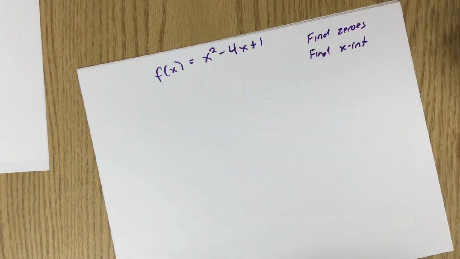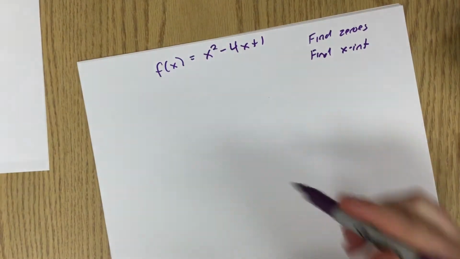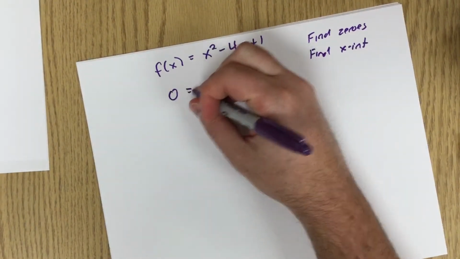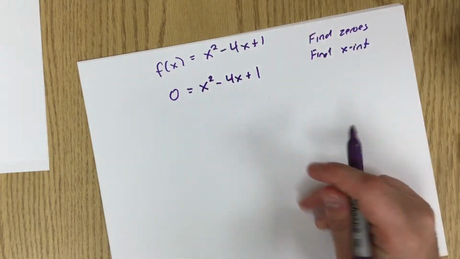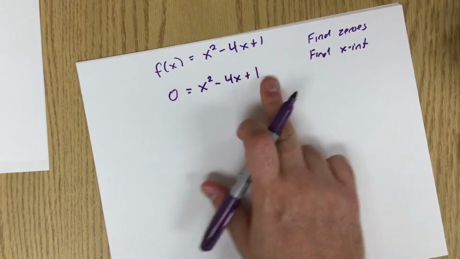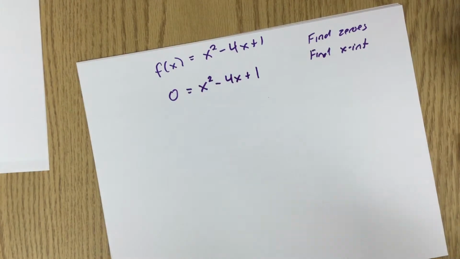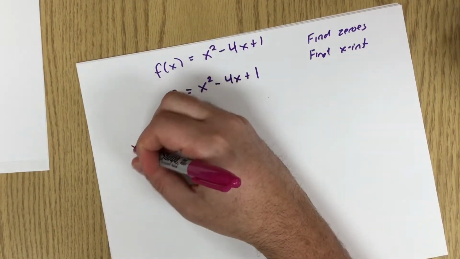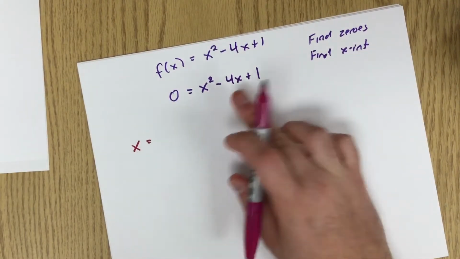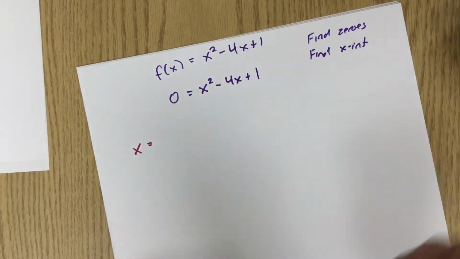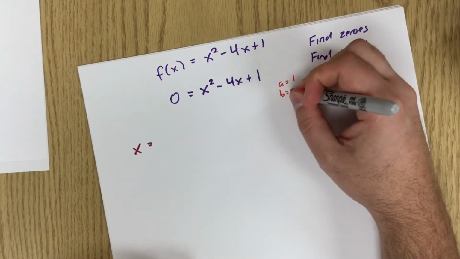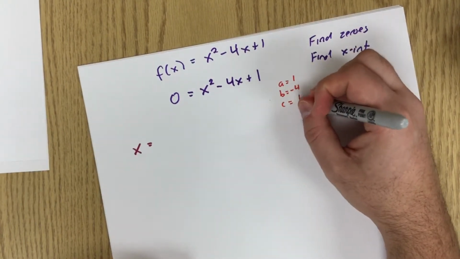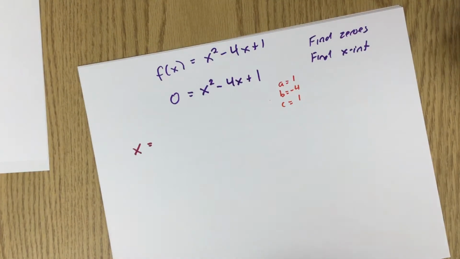How do you find x-intercepts? What we do is we make f of x equal to 0. So 0 equals x squared minus 4x plus 1. Now we have something in the form ax squared plus bx plus c equals 0, so that means we could use the quadratic formula. So x equals, and very quickly, our a is 1, our b is -4, our c is 1.